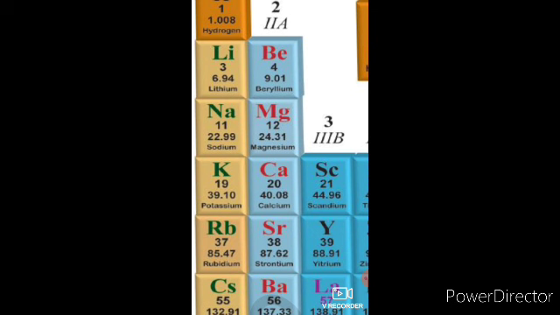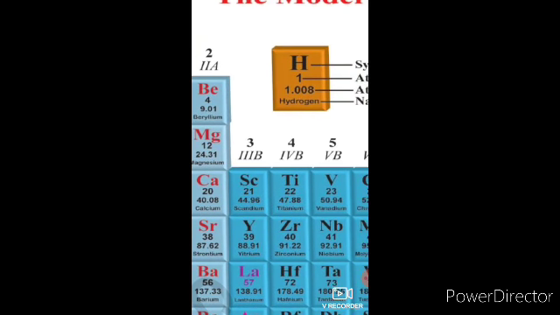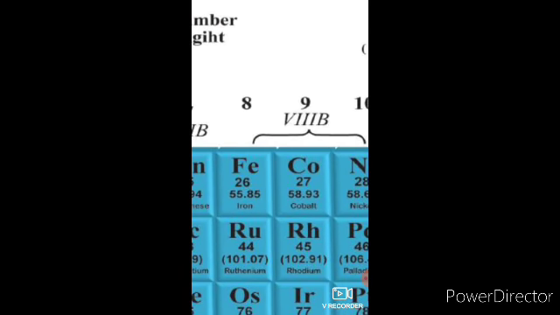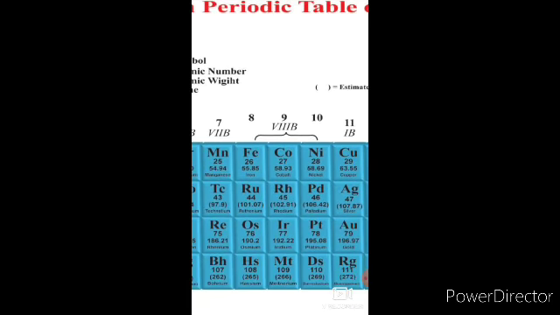If you round up, 22.99 means its weight is 23. Iron, the best metal, iron rods, iron bars like that. If you take a single atom, its weight is 55.85, which means we will take 56.